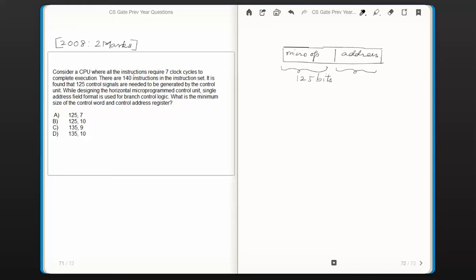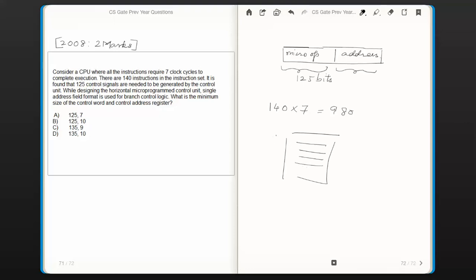So for total 140 instructions we would require 140 into 7 micro instructions, that is equal to 980 micro instructions. So these many micro instructions are required, and these would be stored in control memory, where there would be 980 micro instructions stored.